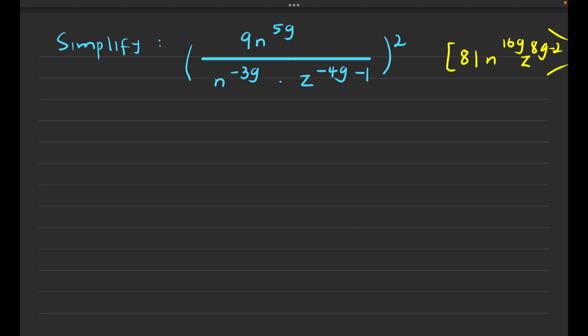All of this squared. This equals, firstly, guys, I am going to simplify the bases, right? 9 here, 9 can be expressed as 3 squared. That is 3 squared.